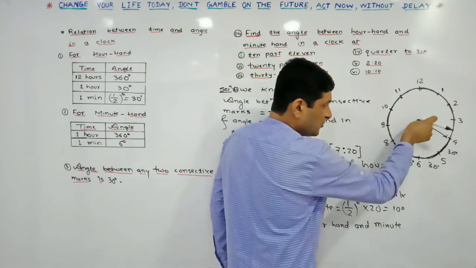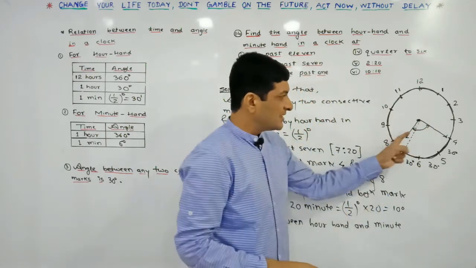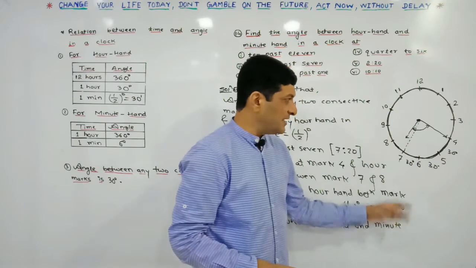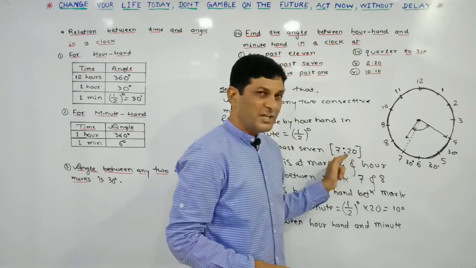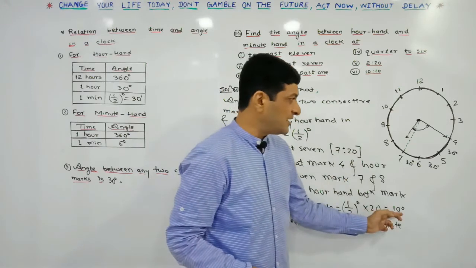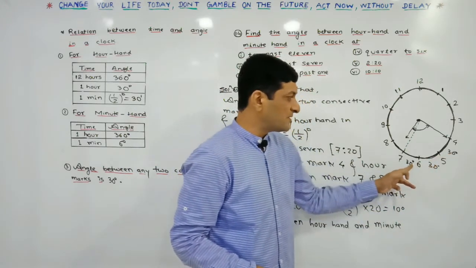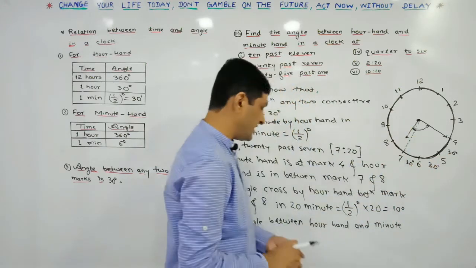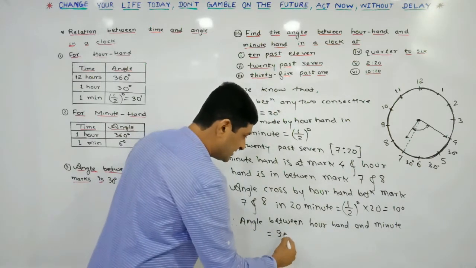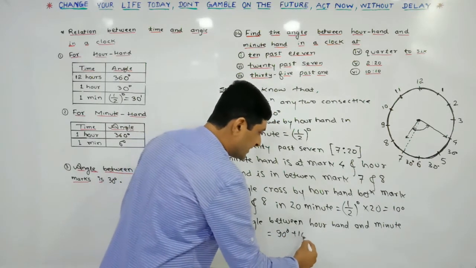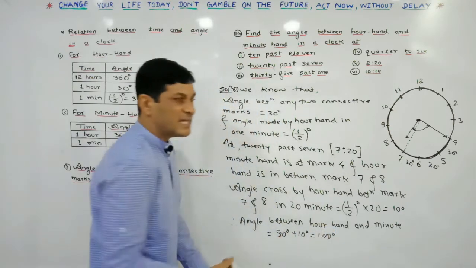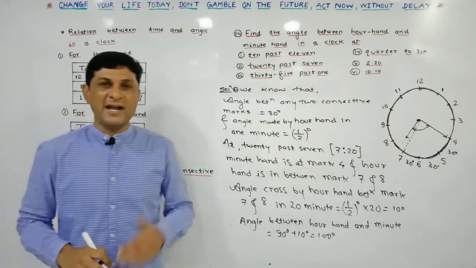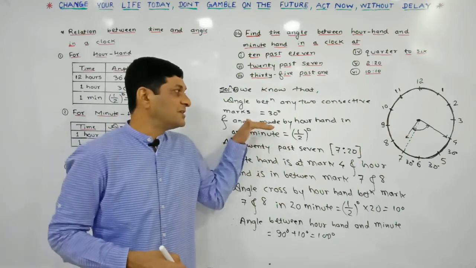And just now we have proved that the hour hand makes 10 degrees in between marks 7 and 8 in 20 minutes. Means 30 plus 30 plus 30 is 90, plus 10. So here we will get 90 degrees plus 10 degrees, which is equal to 100 degrees.